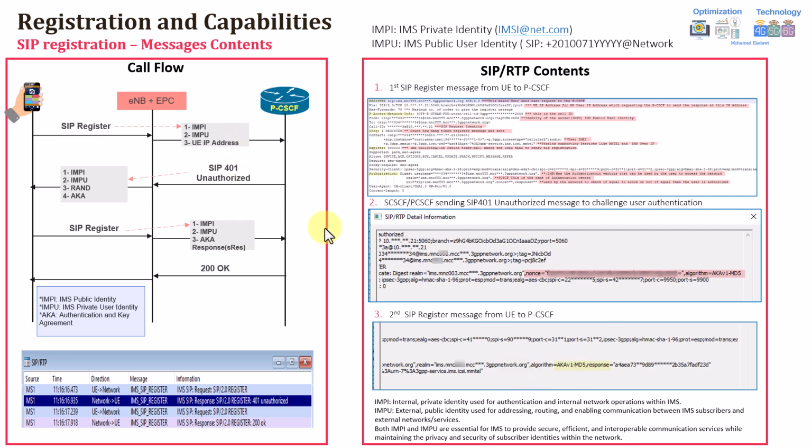Once it's received by the serving CSCF, it will compare the same and reply back to the user with a 200 OK, saying now you are authorized. So that's what's being done.